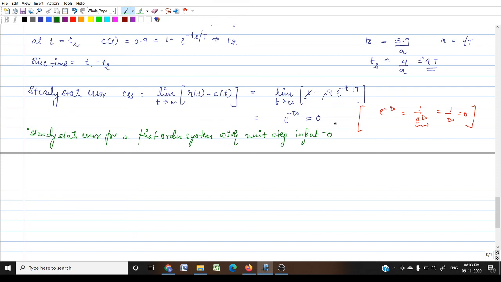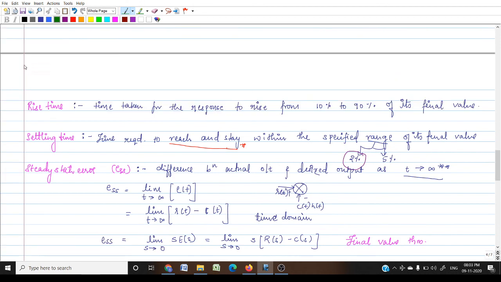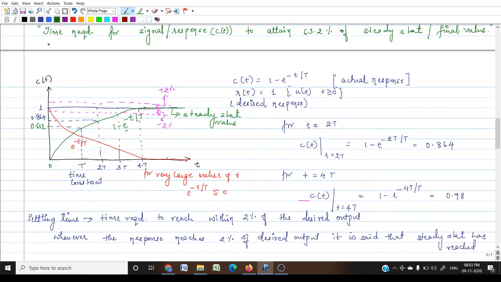So what does this mean? It means that once you have attained the steady state value, once you have crossed the settling time, the final value and the steady state value will be 1.